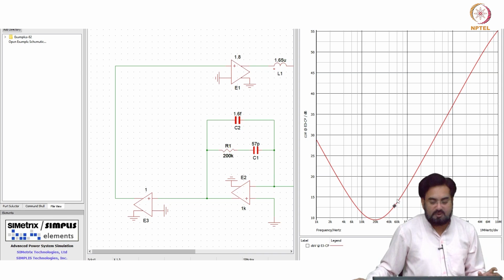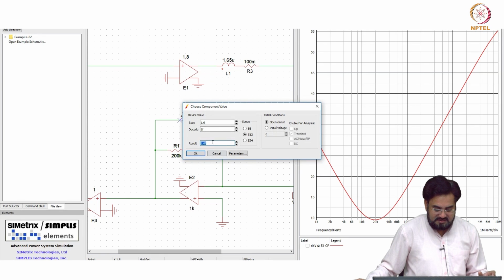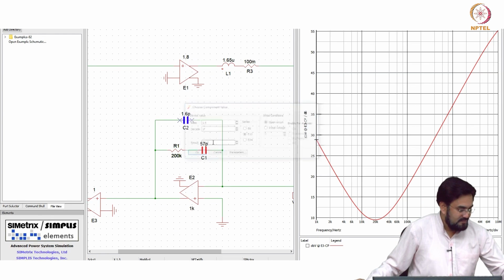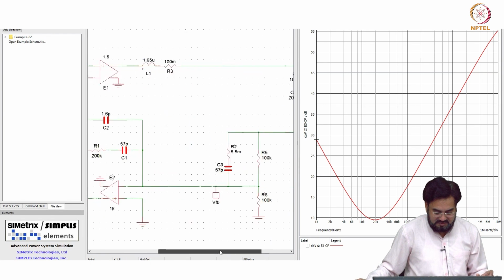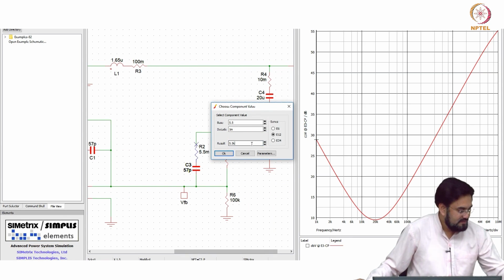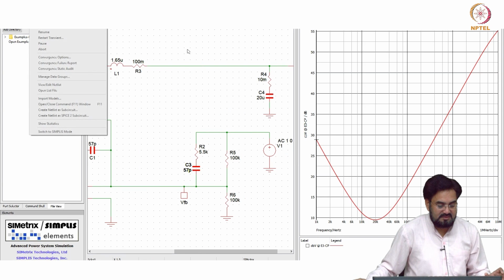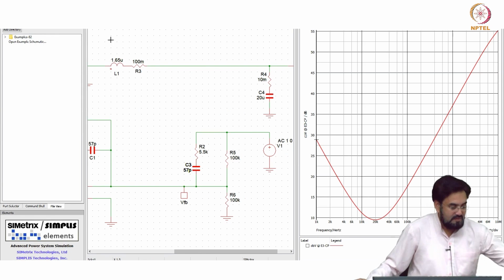Without those two poles, integrator, then first zero, second zero, the gain is rising. Now if I increase this, I have added the first pole, and so I have added two poles now. Let's see what happens.